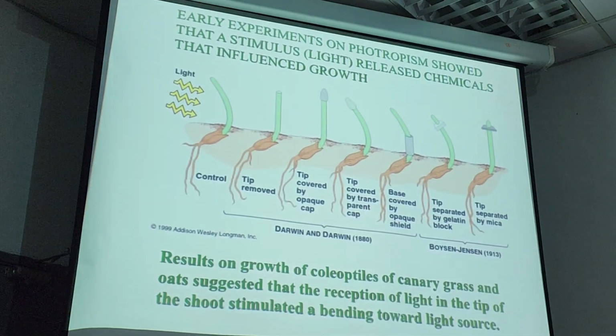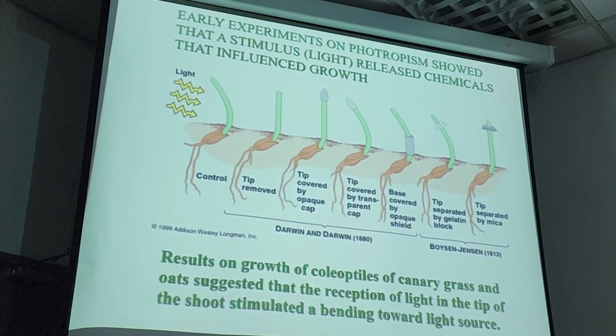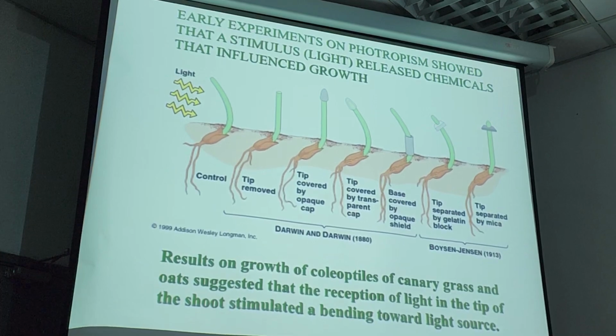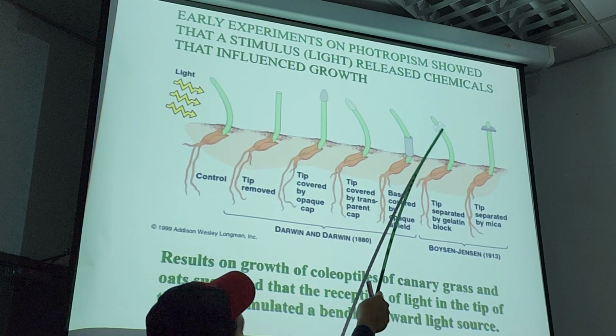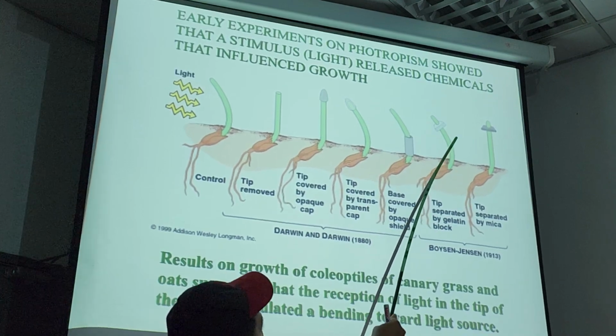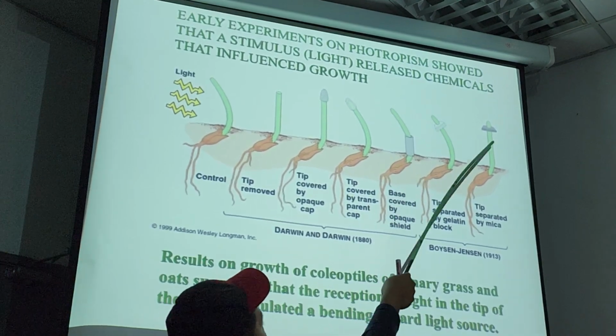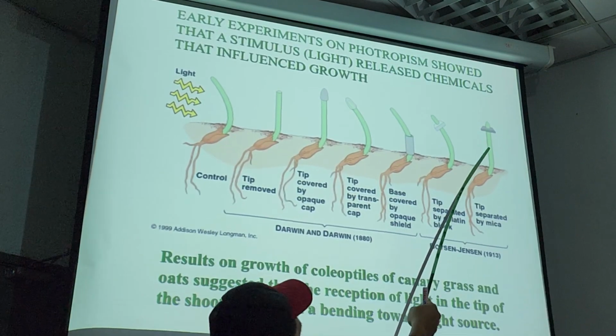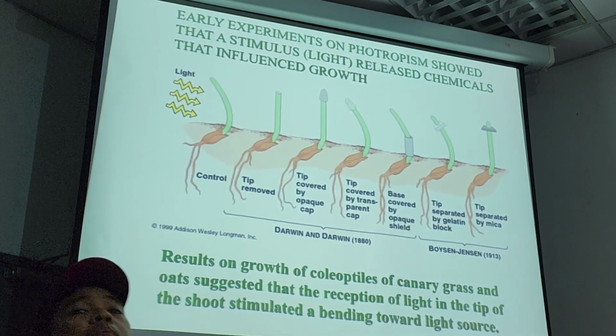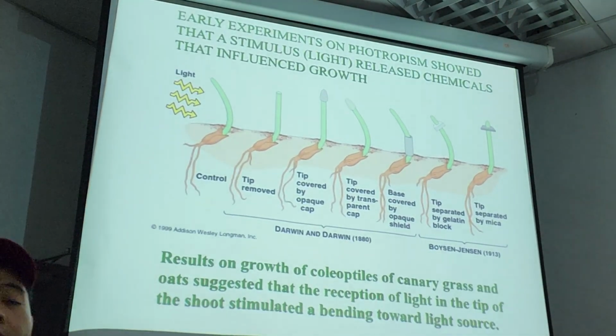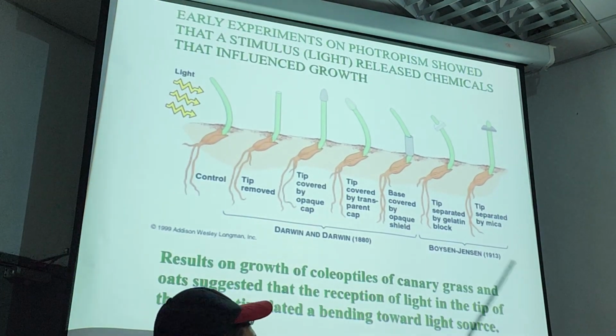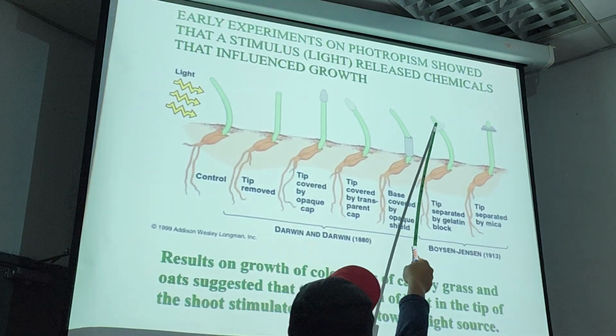Okay. So the other guy continued the experiment, and between the coleoptile and the main body of the seedling, he separated with two kinds of blocks, the gelatin block and the mica block. The gelatin is porous. It allows whatever compounds, if ever present in the tip, to go down.